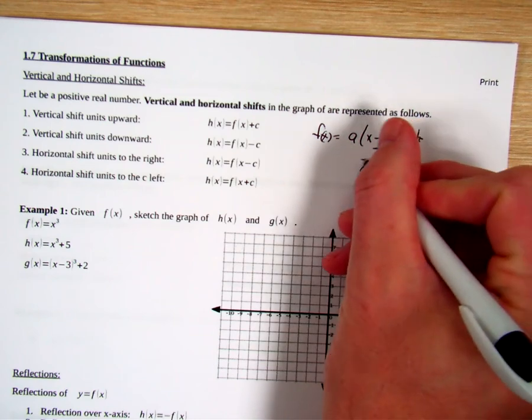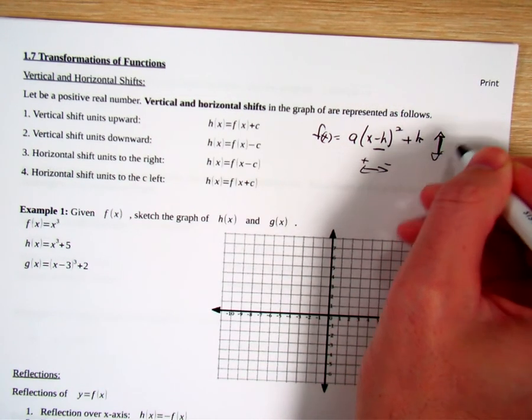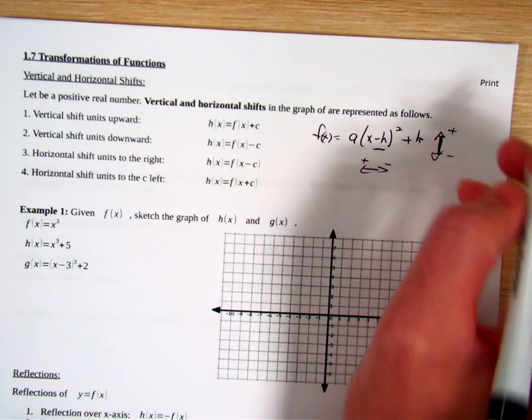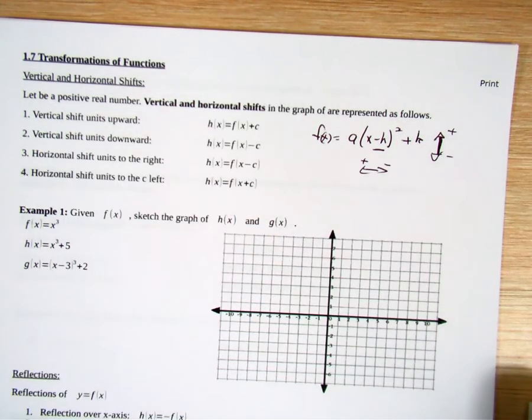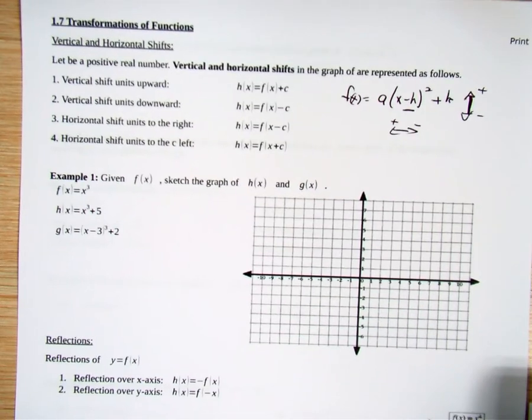Minus goes to the right, plus goes to the left. Out here affects up and down, and that's normal. Plus goes up, minus goes down. The a is going to stretch and/or reflect, and we'll talk about those in a minute. So let's just talk about these, and then we can look at these on our graphing calculator.